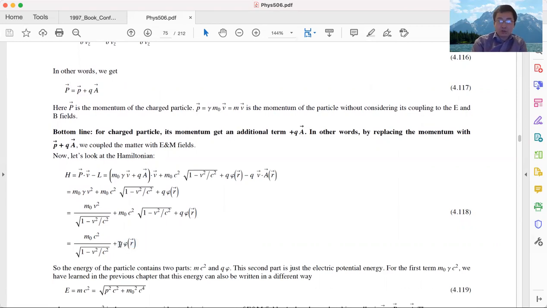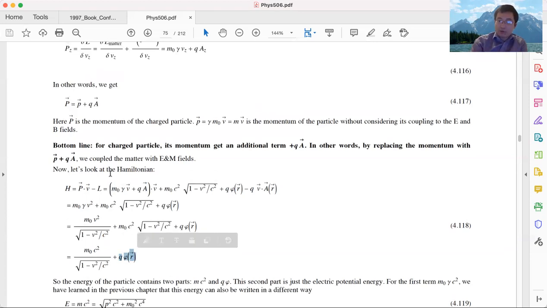This additional term is charge Q times the scalar potential. In other words, the E and M field will change a charged particle's momentum. It will also change its energy. It changes momentum by Q times vector potential. It changes its energy by Q times scalar potential.